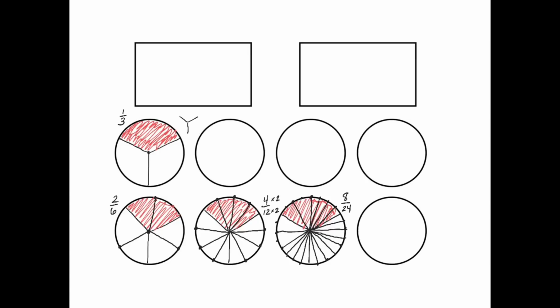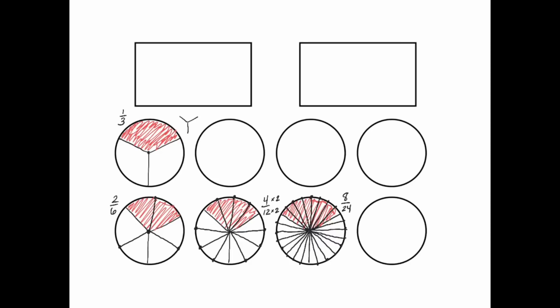Itty bitty living space. Itty bitty cookie space. Woo! Look at that. Aren't you craving one of those slices? At least you can lick the icing. All right, so this is how you create equivalent fractions and represent them by drawing a picture.